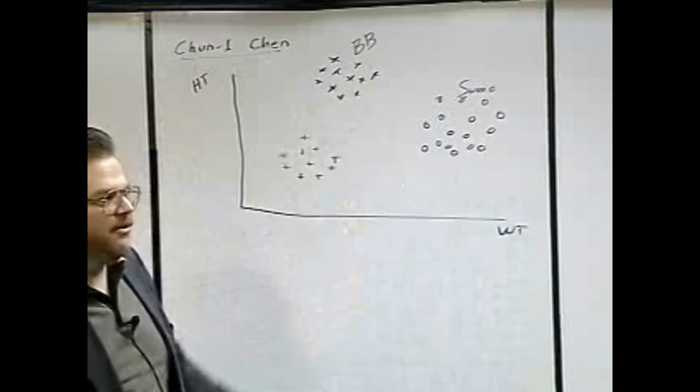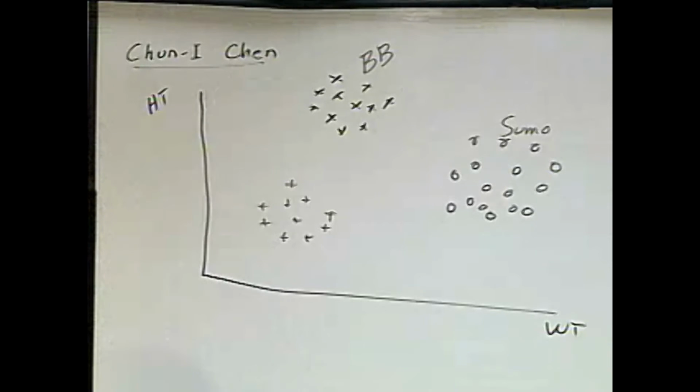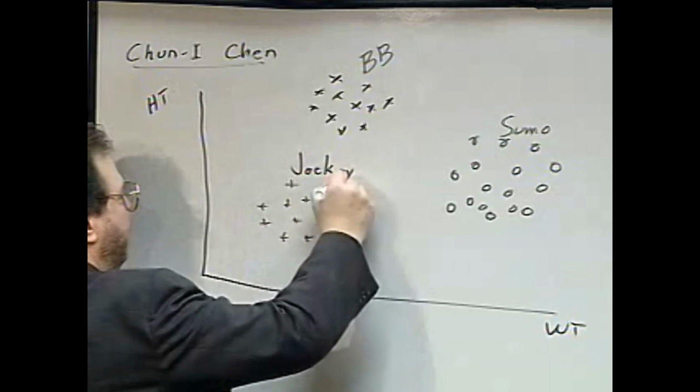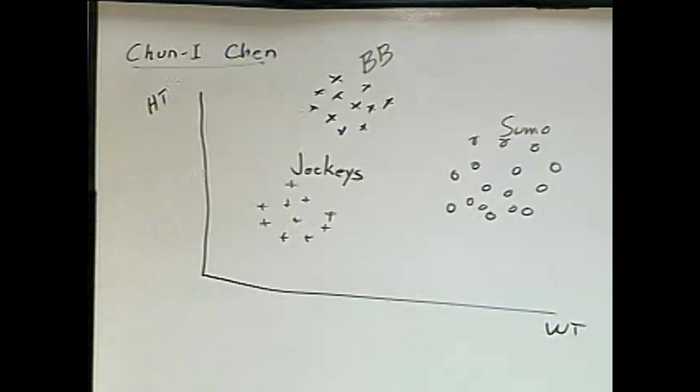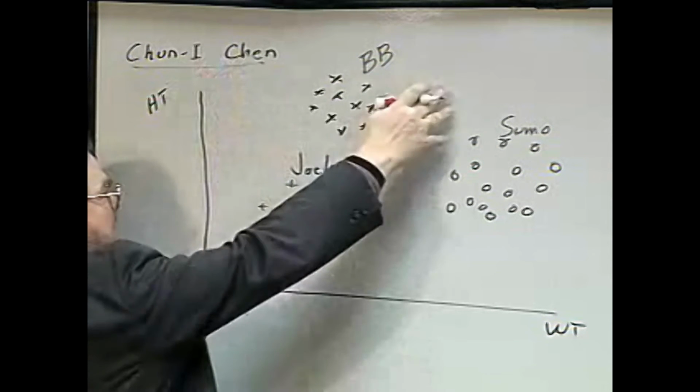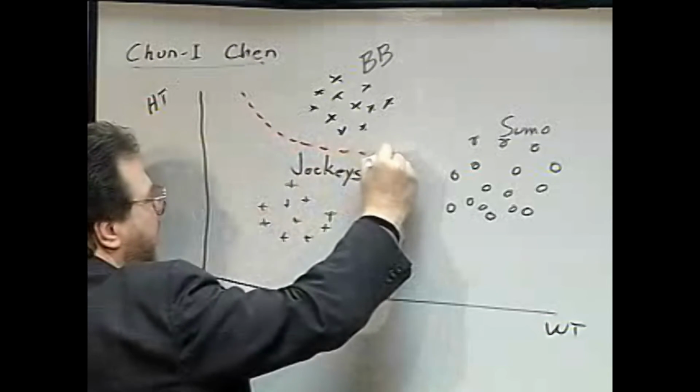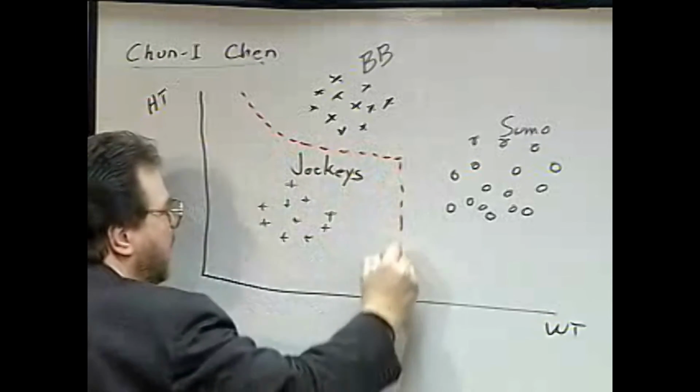And what we would like to do is make a classification in that set between basketball players, sumo wrestlers, and jockeys. In order to train the set, what we'd like to do is essentially surround this data with a region. And in fact, this is normally what happens.